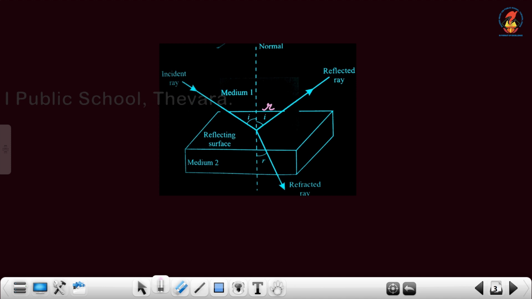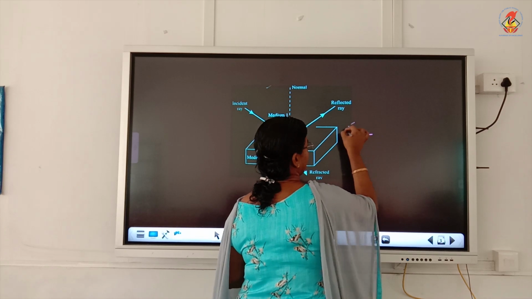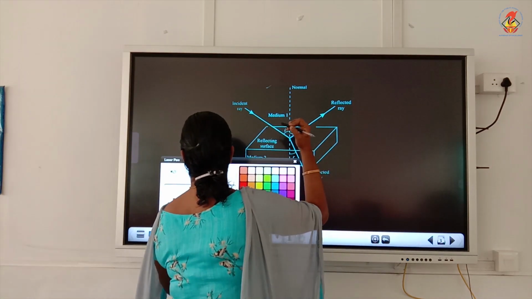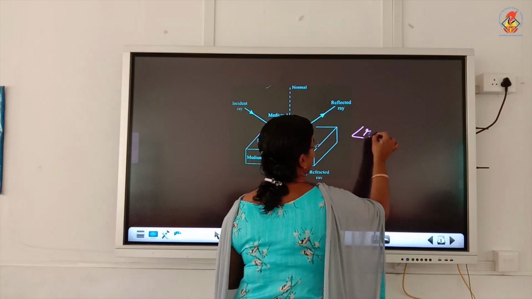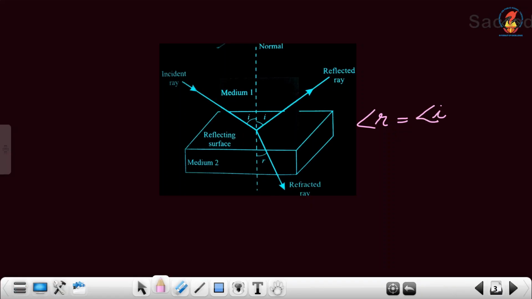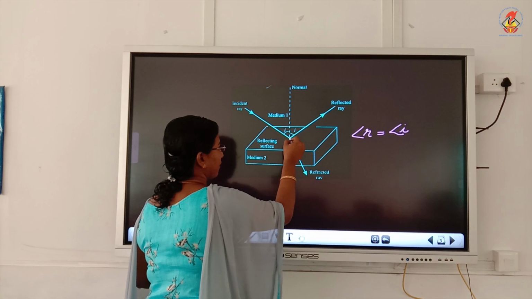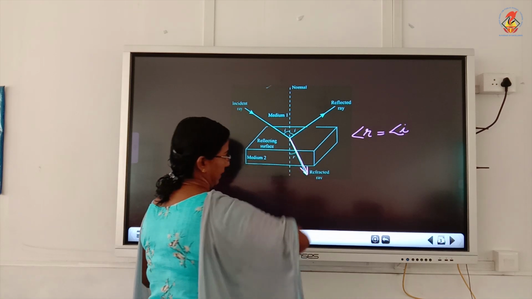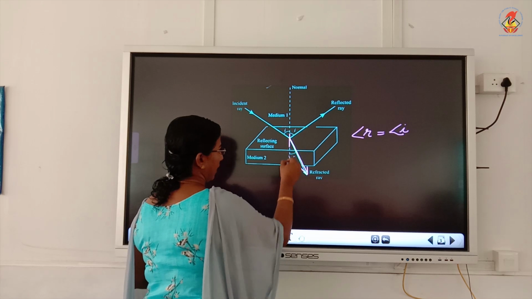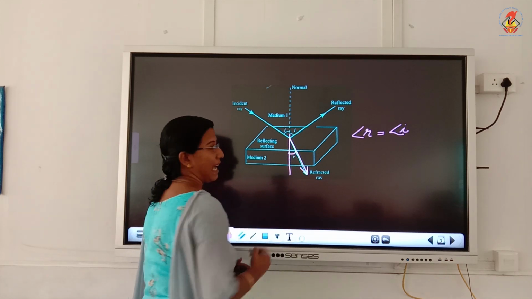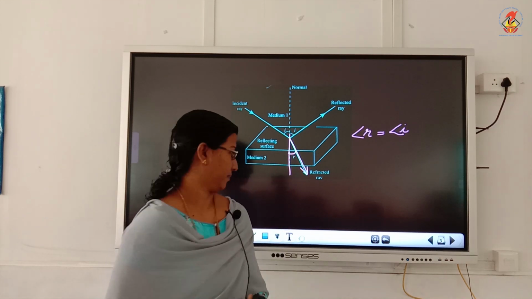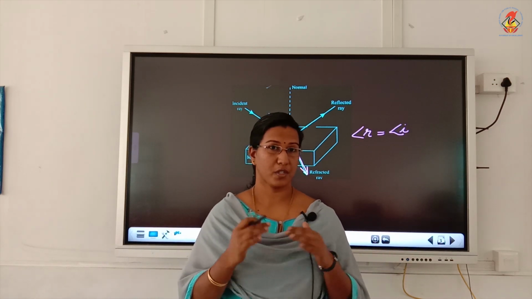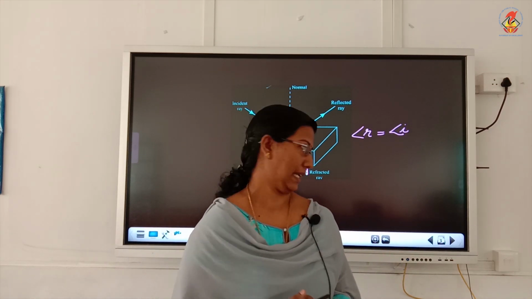And you will study that the angle of reflection is equal to the angle of incidence. Okay, and then depending upon the medium, a part of light gets refracted, it passes through the medium, and the angle between the normal and the refracted ray is known as the angle of refraction. So in this video we are going to study refraction in detail.